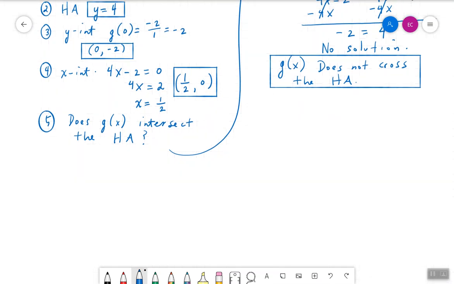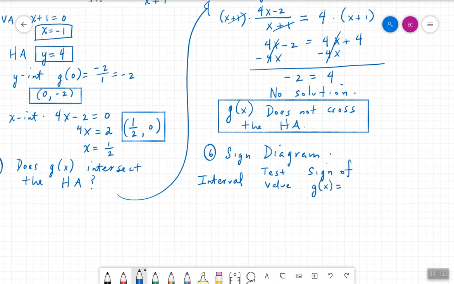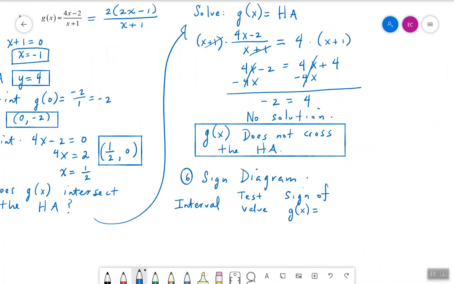Okay, let's go ahead and make a sign diagram. The sign diagram starts with 4 columns. It starts with a column for interval, and then test value, and then we want the sign of g of x, which is 4x minus 2 over x plus 1.